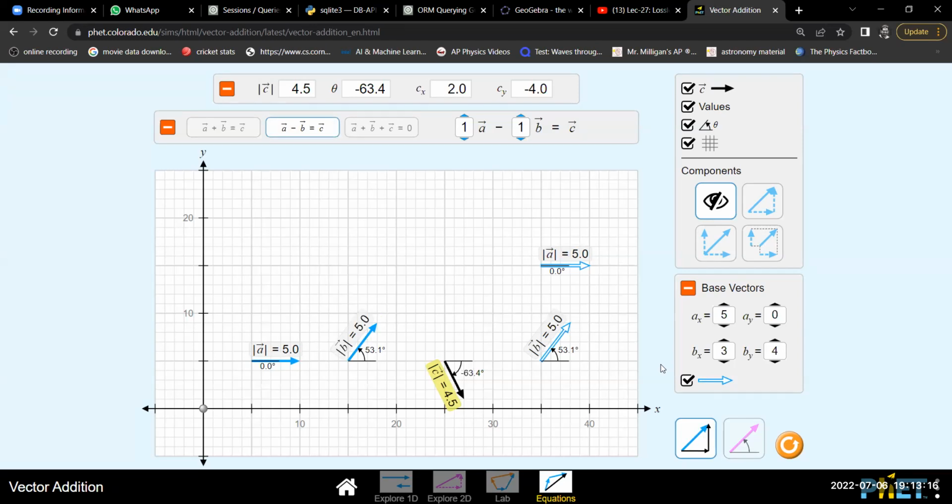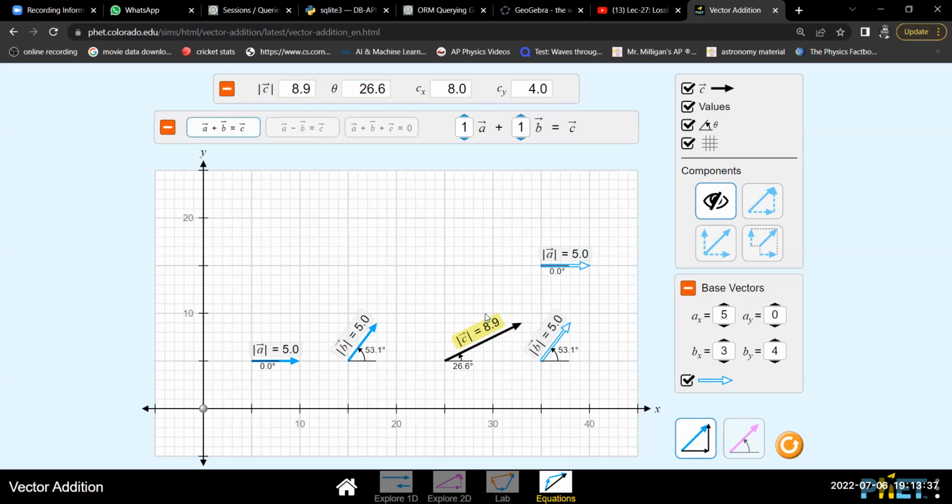So okay, A and B are given. So we have the angle. So B vector is at what angle? 53.1 degrees. A is like this. So the C vector is how much? If you look at A plus B, you can see the C vector is 8.9 in value.